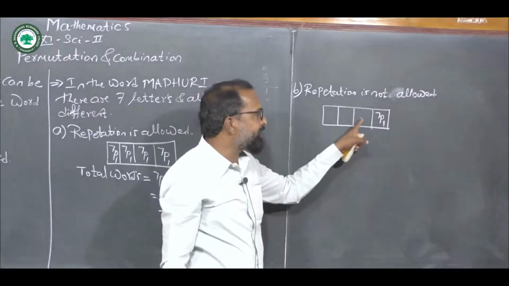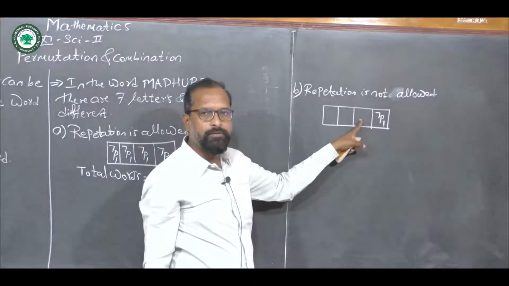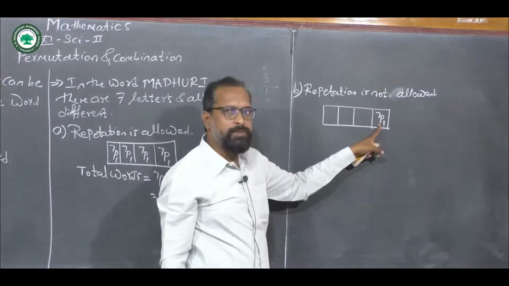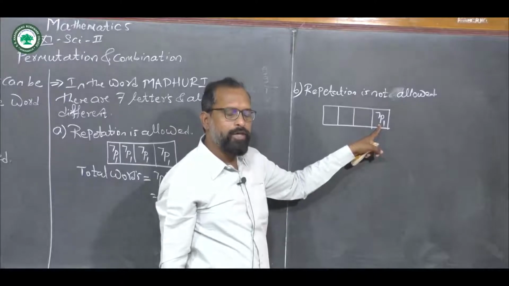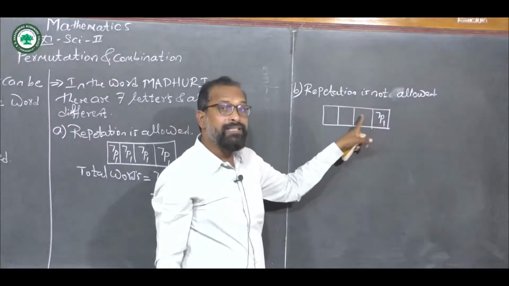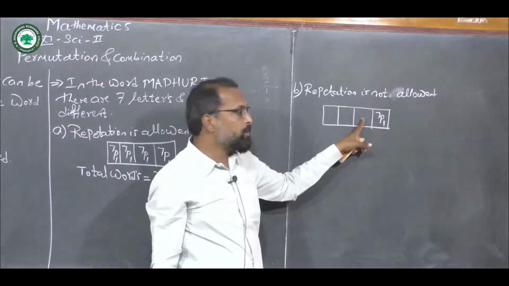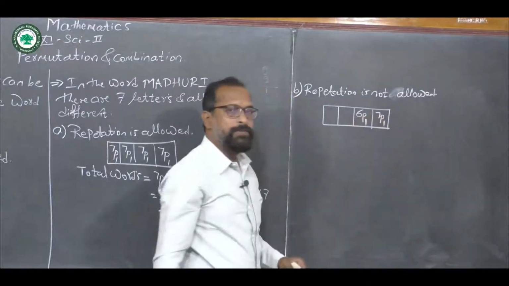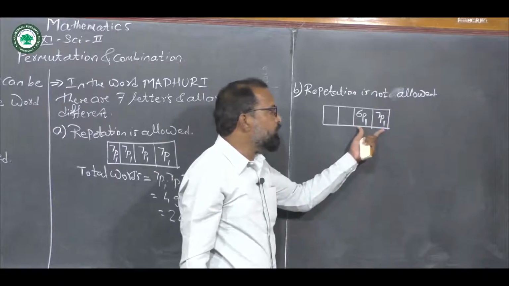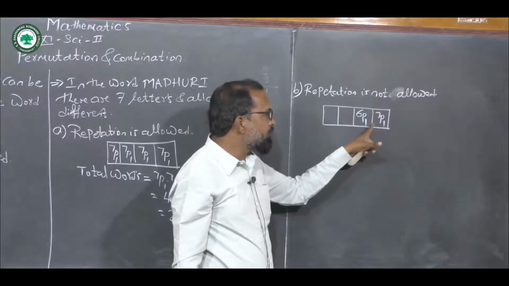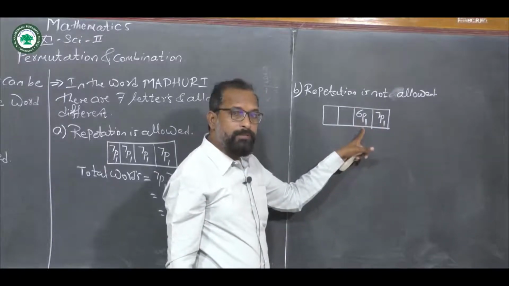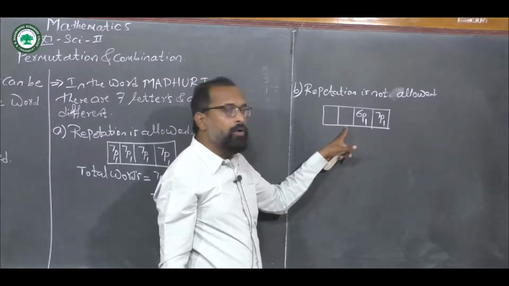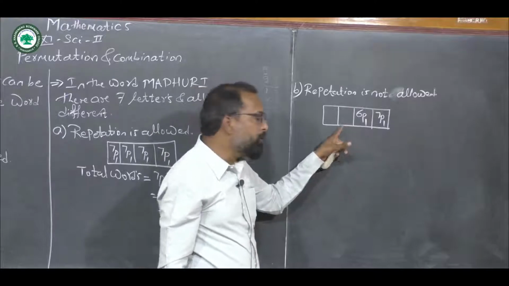Now for the second last position, since one letter is used at the last position, the remaining 6 letters are available. So this position can be filled in 6P1 ways. See here, we used 2 letters, first here, second here. Now the remaining are 5 letters, and again we can fill 1 letter here from those 5 letters.